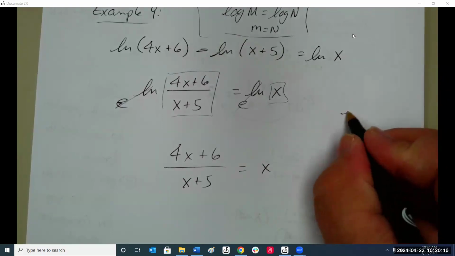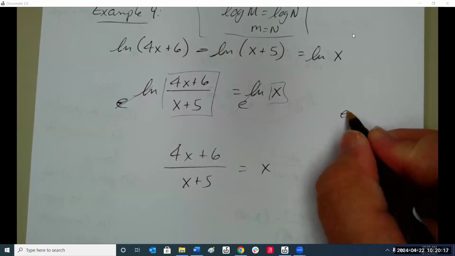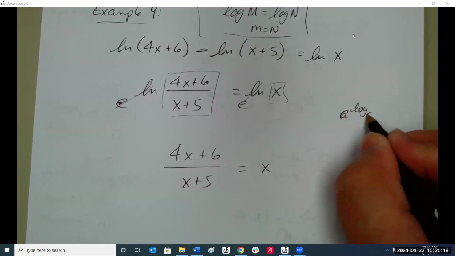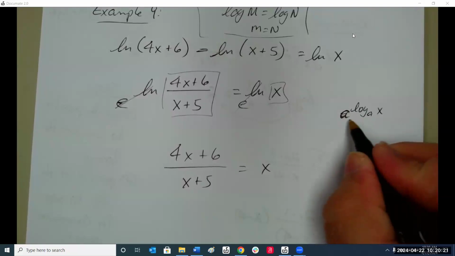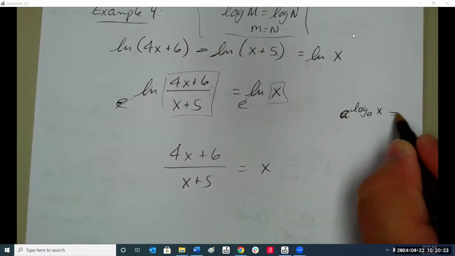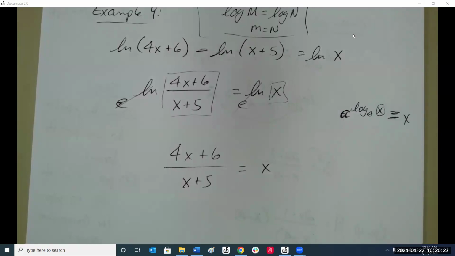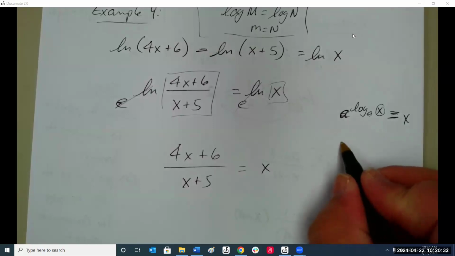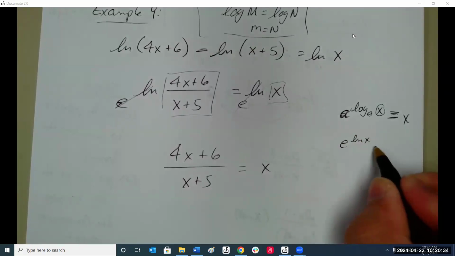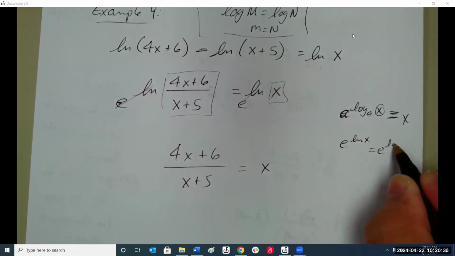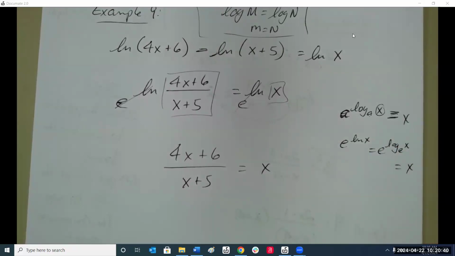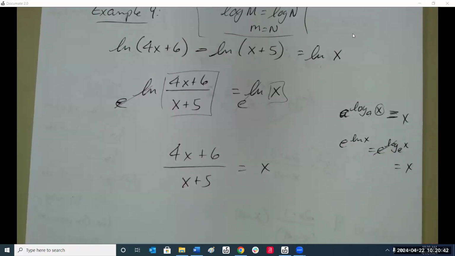There's a property we talked about first that said as long as you have the same bases, the answer is whatever the operation is. Since e to the ln x, and ln is log base e of x, the answer is x, since the e and the log cancel.